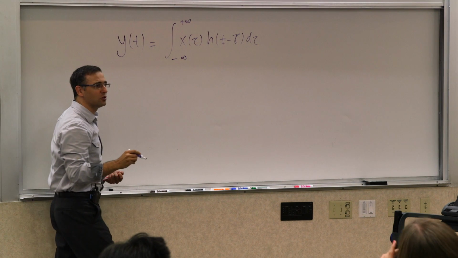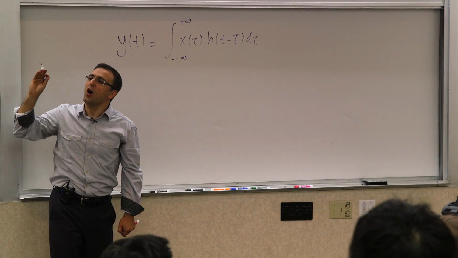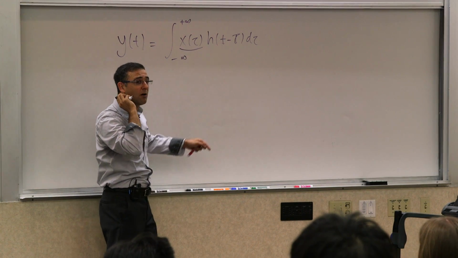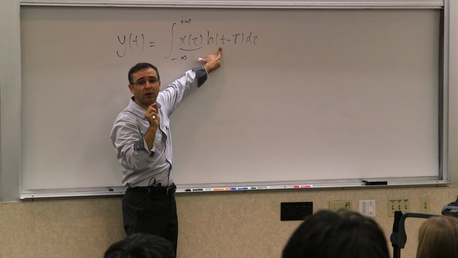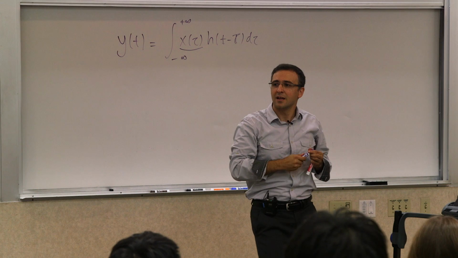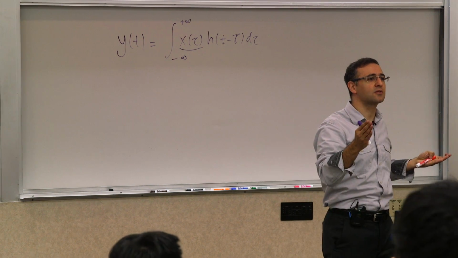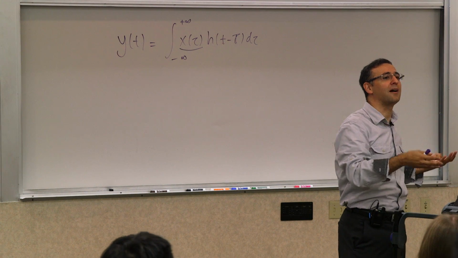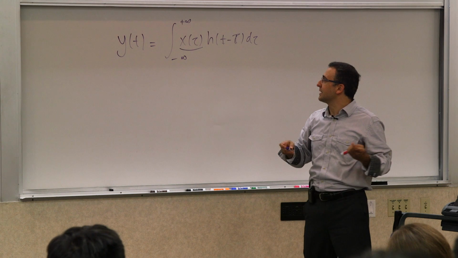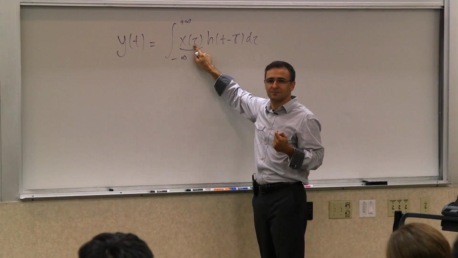So it allows you to find the response of a system to any arbitrary input x of tau, as long as you know its response to the impulse, h of t. All you need to know for an LTI system is h of t. If you know its impulse response, you know everything there is to know about it. You have completely characterized it, and that's all you need to determine its response to any arbitrary input.